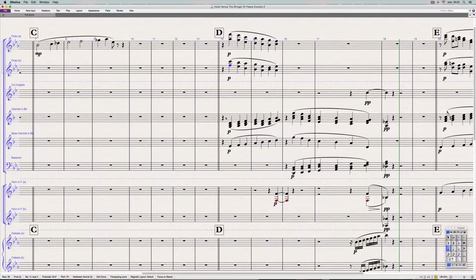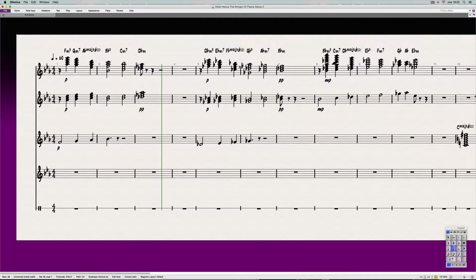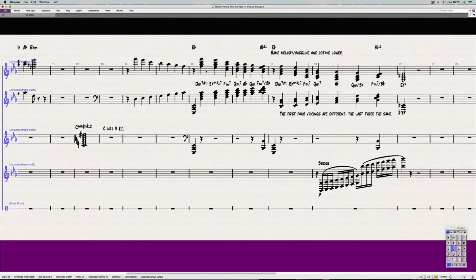And instrumentation, clarinets, pretty low here. Bass clarinet, that's a new one. And if we look at the piano version here, you can see that, just listen to that once.